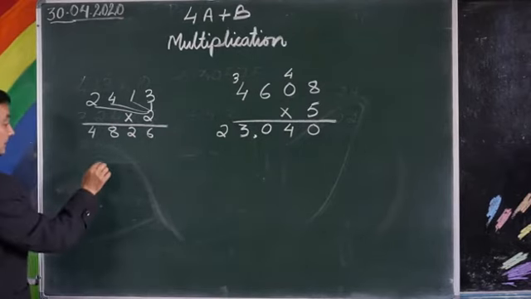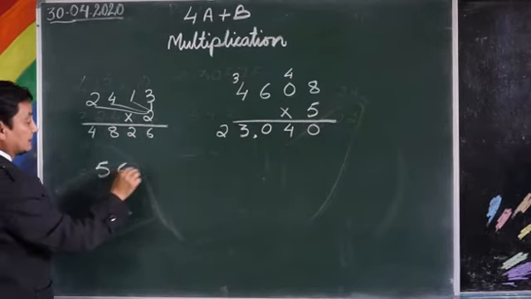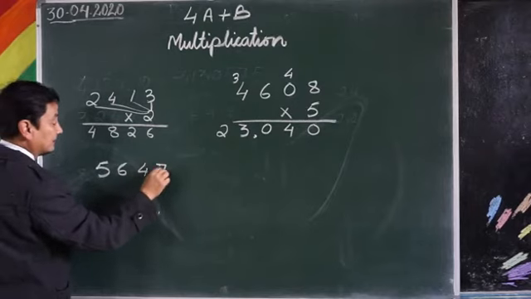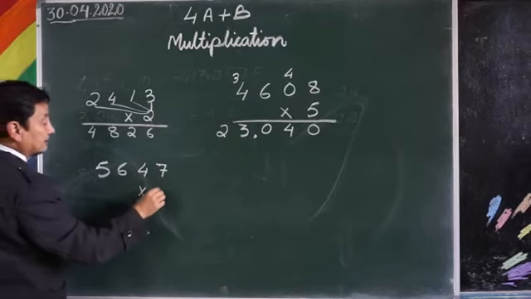Are you understanding? Very good. So let me do 5, 6, 4, 7. Multiply by 9.